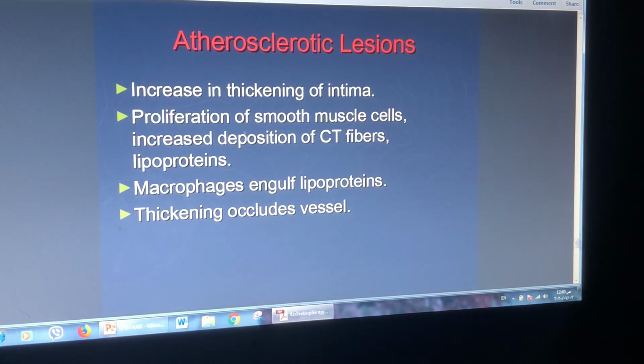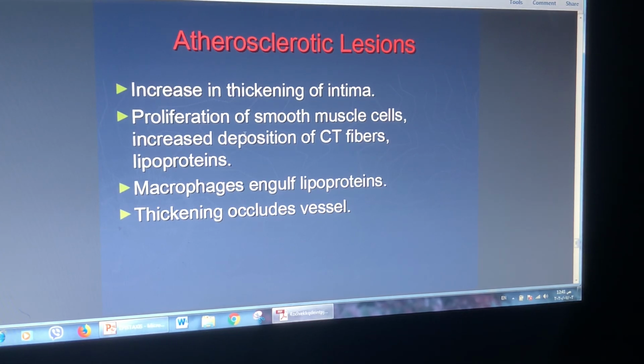Now, the atherosclerotic lesion involves thickening of the intima, proliferation of smooth muscle cells, and increased deposition of connective tissue fibers and lipoproteins. Macrophages engulf lipoproteins.